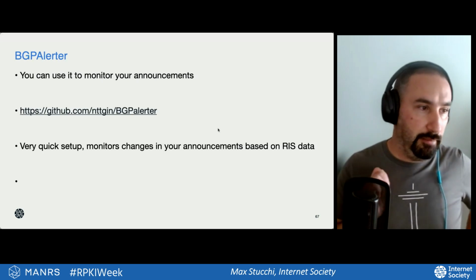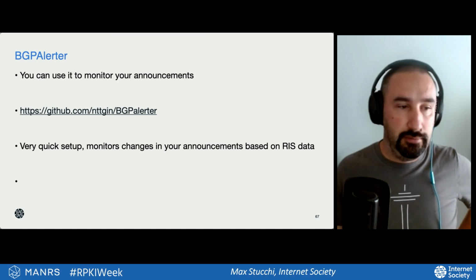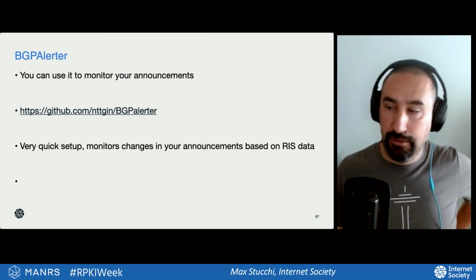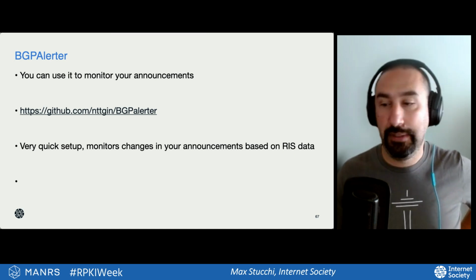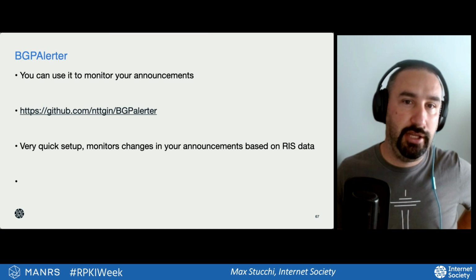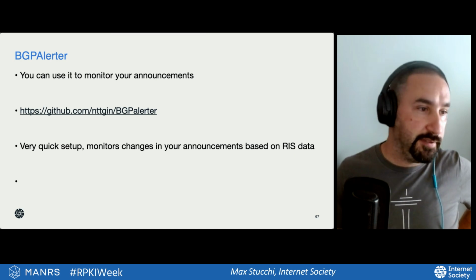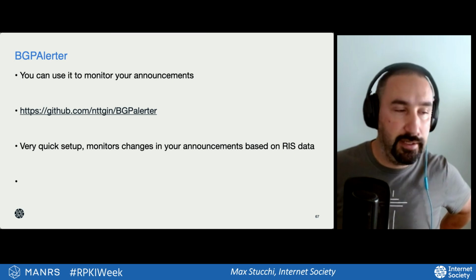Then BGP Alerter was presented also yesterday. It is a tool written in JavaScript, using Node, to monitor your BGP announcements. So it can alert you if there's anything changing in your BGP announcements, if there's anything changing in your network, if there's anyone trying to hijack you.